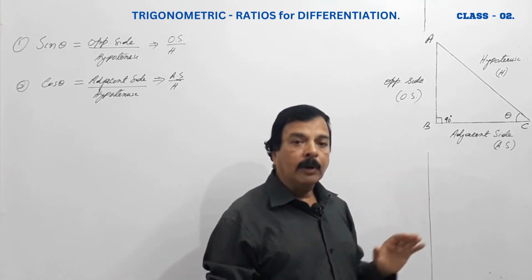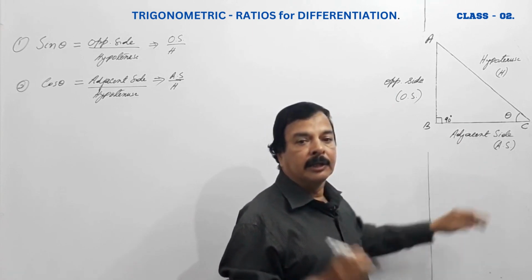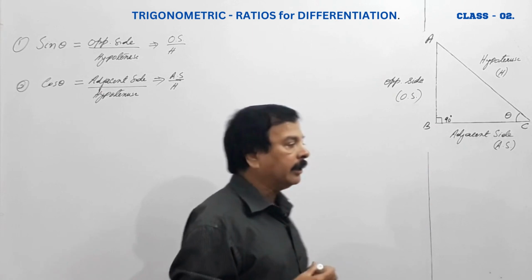Now, after knowing sin theta and cos theta, let's learn what tan theta is. I'll divide the opposite side by the adjacent side. If I divide the opposite side by the adjacent side, we get tan theta.